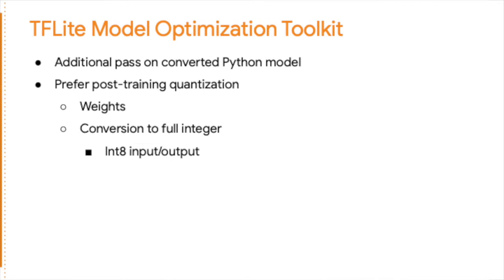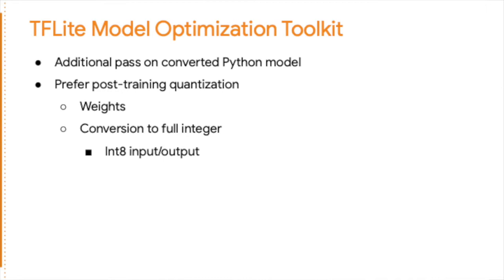One of the key things that we've done over the last year is really tried to standardize on post-training quantization. We've tried a lot of different approaches over the last few years, and one of the biggest barriers to people adopting quantization we found has been that it's really hard to generate a quantized model.